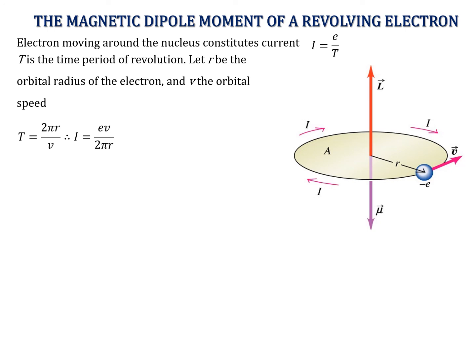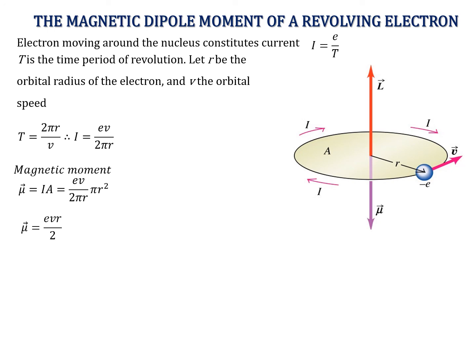And this vector will point normally downwards, given by I into A. The magnetic moment vector mu will be I into A. We know current is ev upon 2 pi r. Area of the loop is pi r square, and hence mu can be written as evr upon 2. So this is magnetic moment associated with electron moving with a velocity v in a circular orbit of radius r.